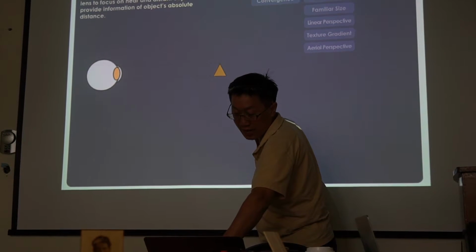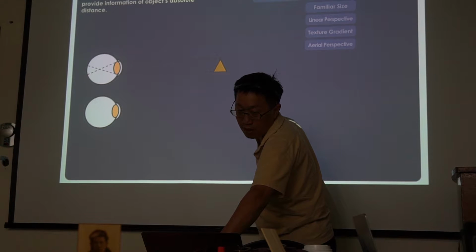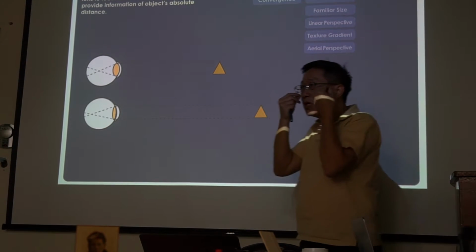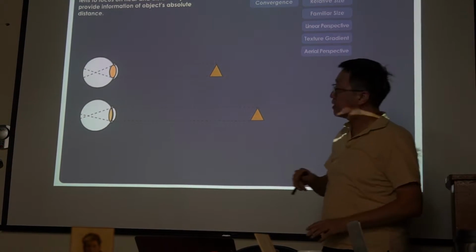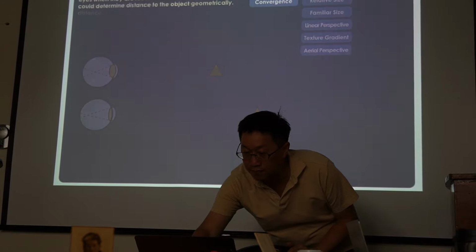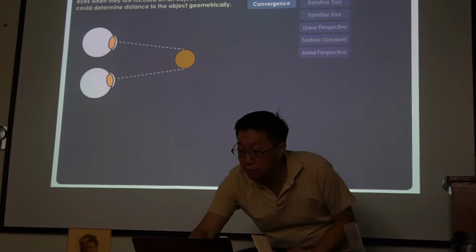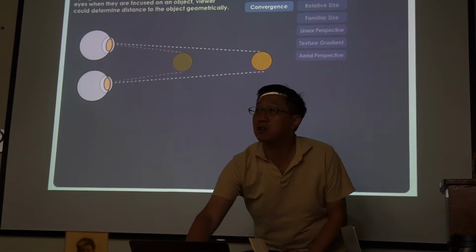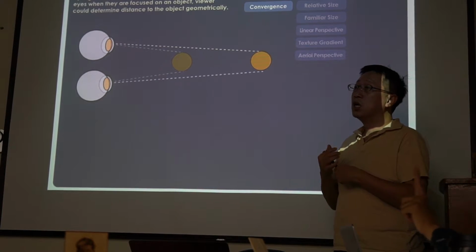If the object moves away or we start to focus on other objects, our muscles have to readjust, and this muscle readjustment gives us a hint about how far away it is. The other thing, called convergence, is like the two eyes' fixation points moving. Our eye muscles change a little bit and feed back to us how far away it is.